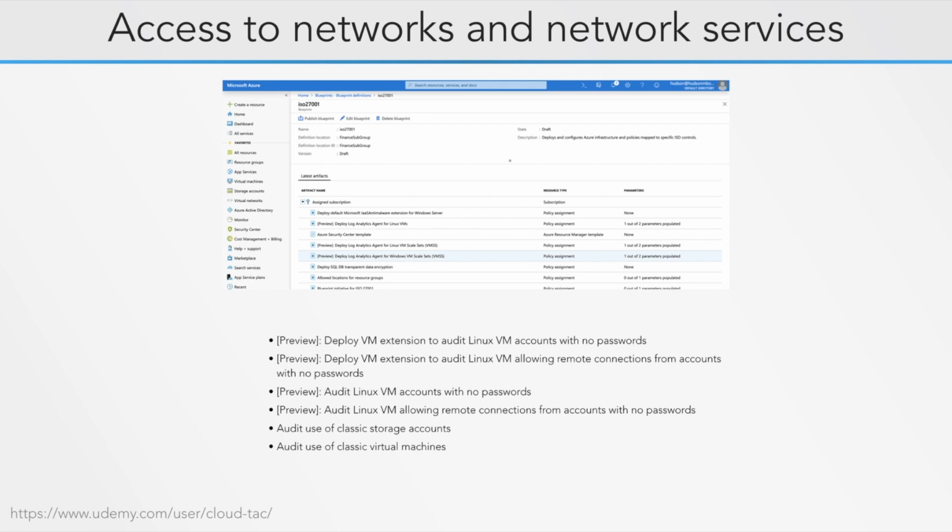This blueprint sample helps you control access to Azure resources by assigning 7 Azure policy definitions. These policies audit use of resource types and configurations that may allow more permissive access to resources. Understanding resources that are in violation of these policies can help you take corrective actions to ensure access to Azure resources is restricted to authorized users.